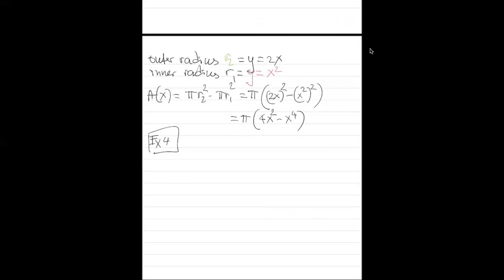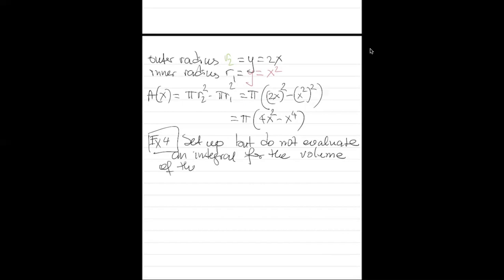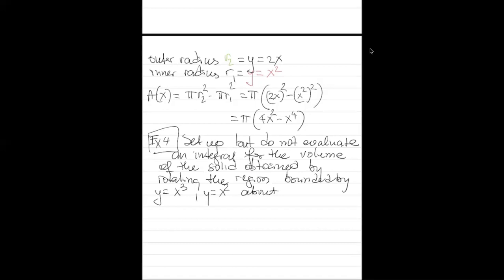Here, we're going to set up but not evaluate an integral for the volume of the solid obtained by rotating the region bounded by the given curves, and the curves are y equals x to the third, y equals x squared, about y equals 1.